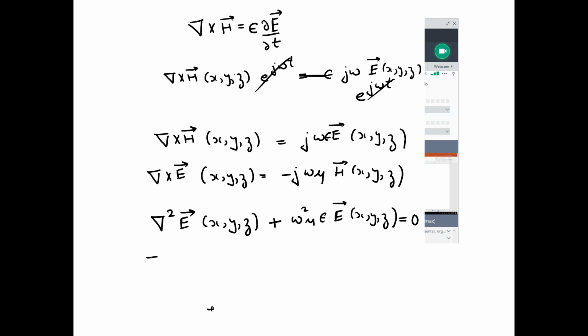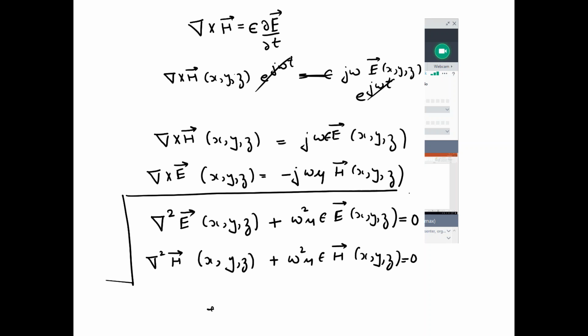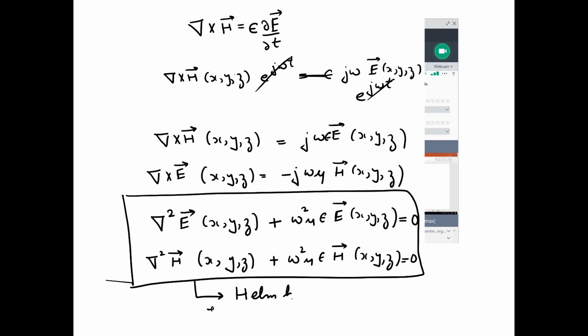And similarly, you have an equation in H(x,y,z) plus omega square mu epsilon H(x,y,z) is equal to 0. And these are your Helmholtz wave equations.